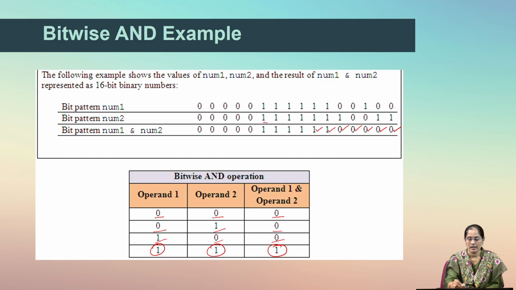So, we can see that only when both the inputs are ones will the resultant value be the bitwise 1. So, this is the way the bitwise AND operation is evaluated based on the truth table.